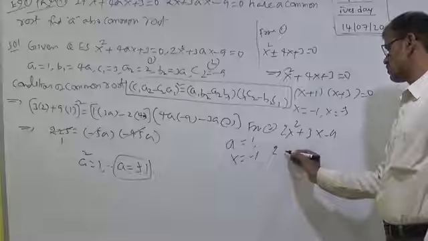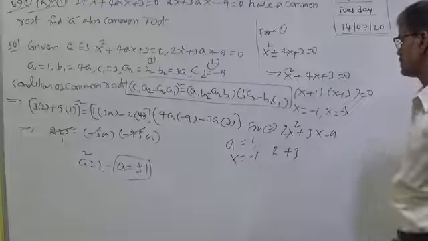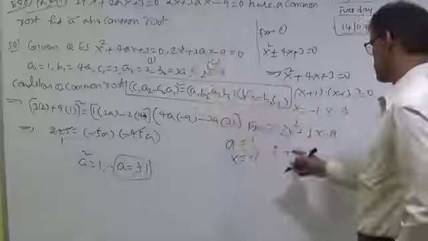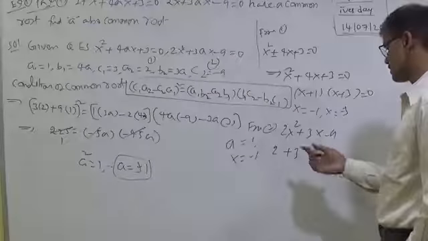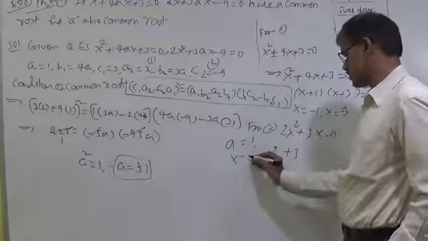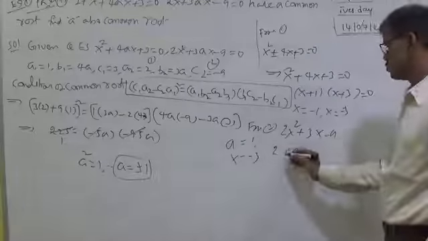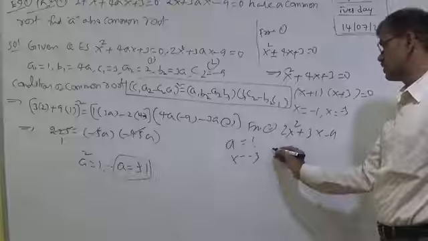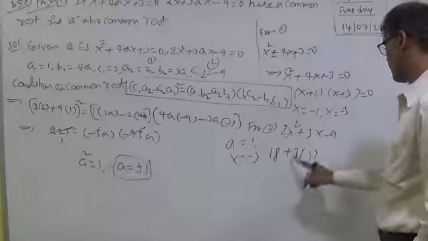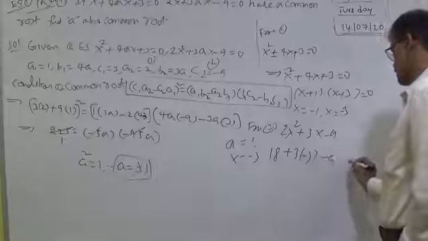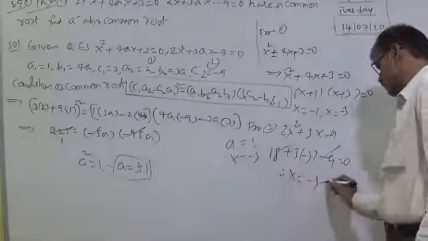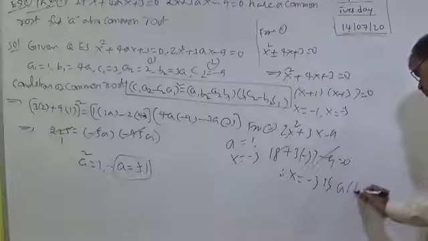Put x equals minus 1: 2 minus 3 minus 9 is not zero, so x equals minus 1 is not correct. Put x equals minus 3: 2 into 3 whole square is 18, plus 3 into minus 3 is minus 9, minus 9 gives 0. Therefore x equals minus 3 is a common root.